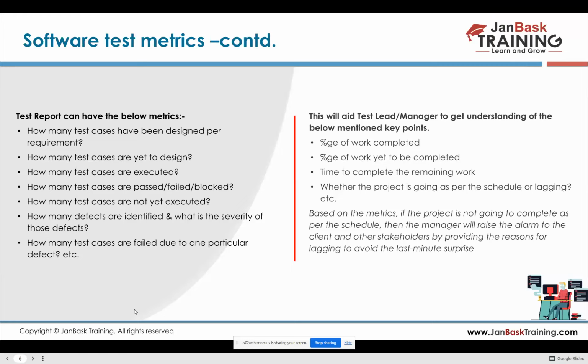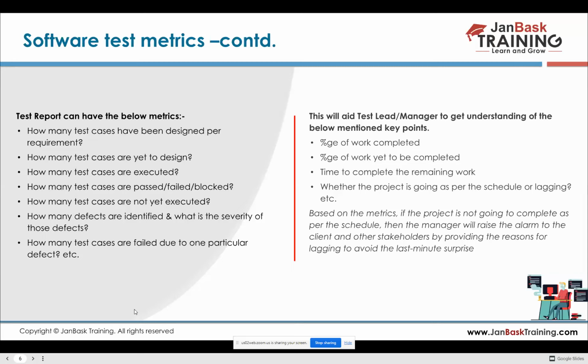So this will be reflected in the metrics, and this will give the test lead or the manager an overview that there is a risk associated with that and we are not as per the schedule, and we might not be able to complete the delivery within the given timeline.